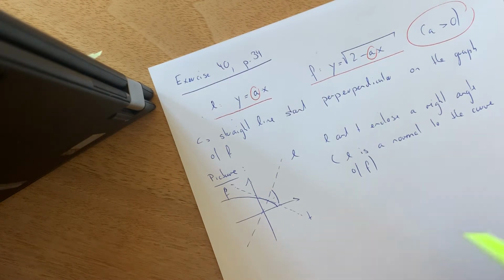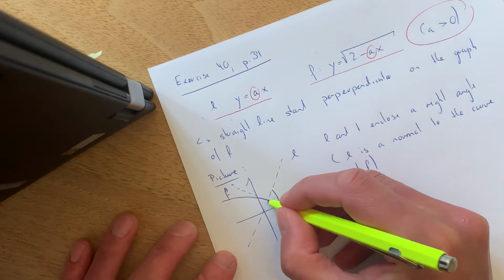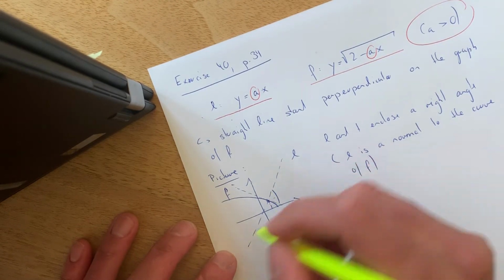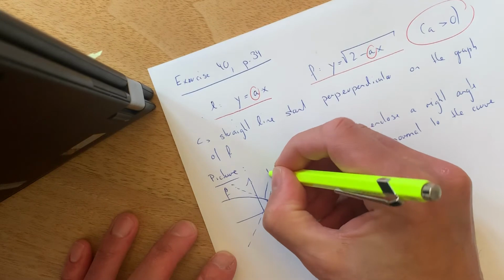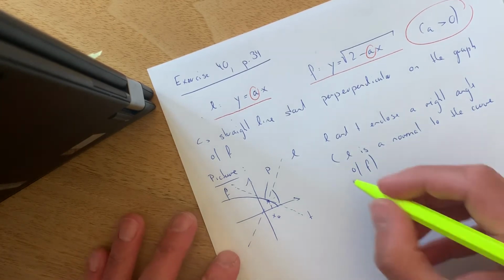Okay, so what do we have? Well, we have here a right angle. So let's see. Here we have a point. Let's call that point P. And the x-coordinate of that point we are going to call x0. So, well, what do we have?